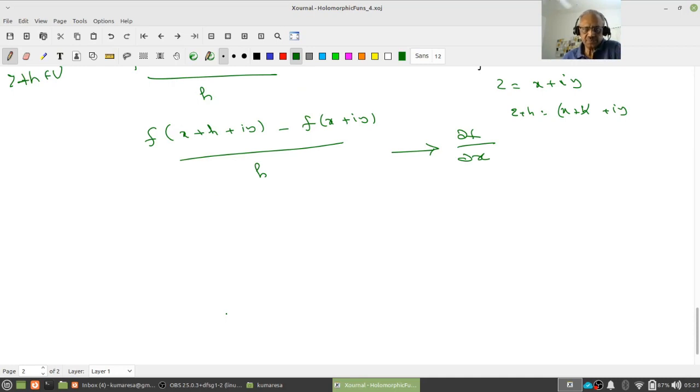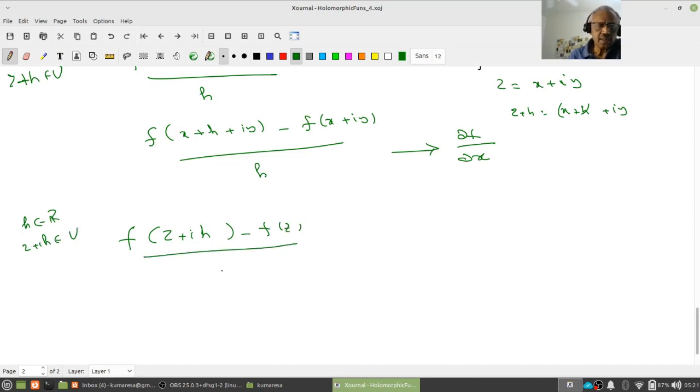If you don't want, the classical books will write f equal to u plus iv and do that. I will come to that, okay? Don't lose heart. The other way is, suppose I look at this way, f of z plus ih. Remember h again, h is in R, so that z plus ih belongs to U, minus f of z by, this is again ih, because what is the increment?